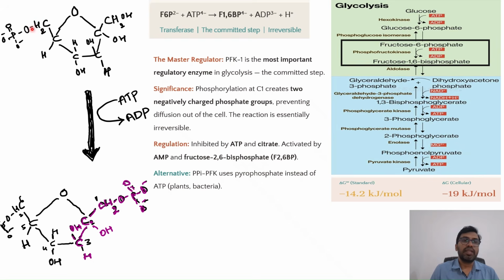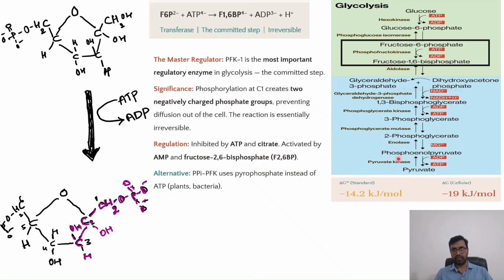Now, this fructose 6-phosphate will get converted into fructose 1,6-bisphosphate. All other things remain the same in this particular reaction. The only thing that happens here is that instead of the hydrogen, there will be addition of a phosphate group to form fructose 1,6-bisphosphate.